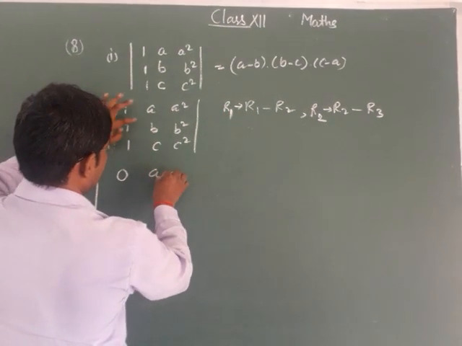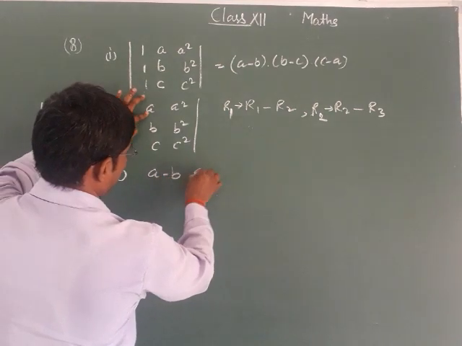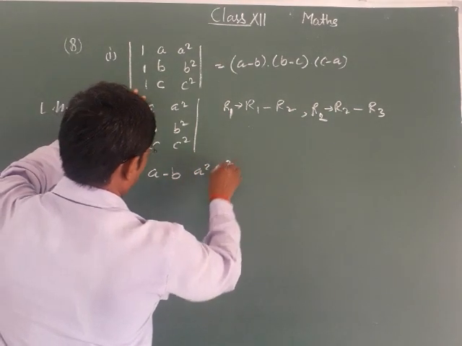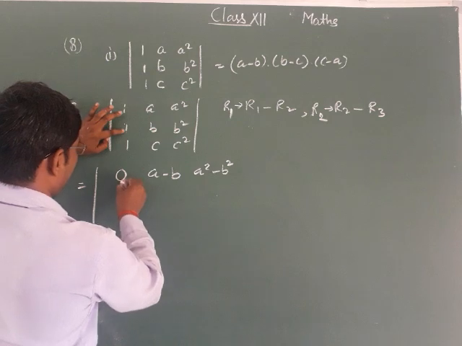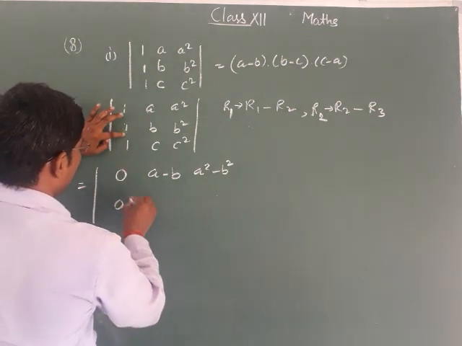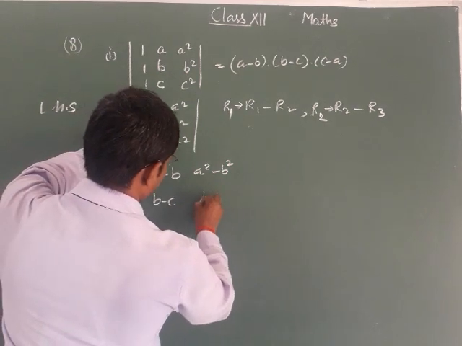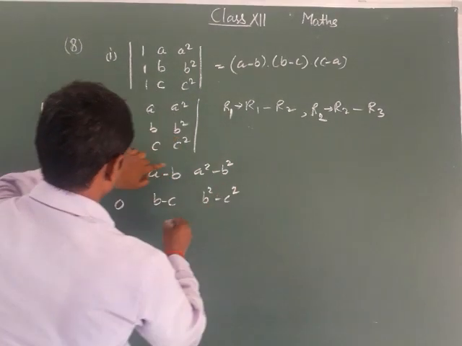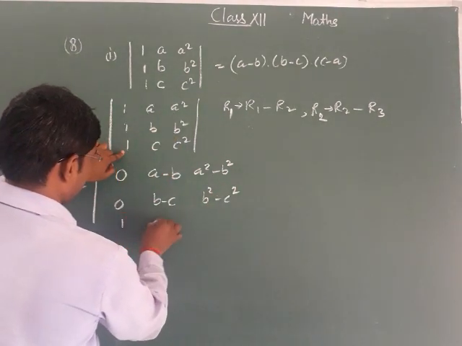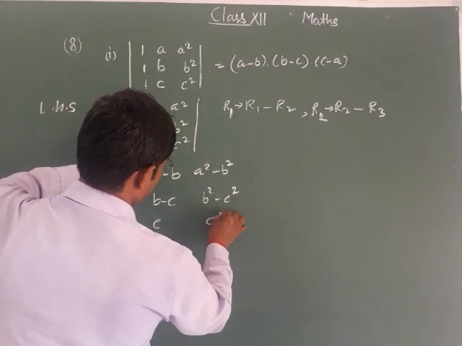So R1 becomes 0, a minus b, a square minus b square. Also R2 becomes 0, b minus c, b square minus c square, and R3 is 1, c, c square.